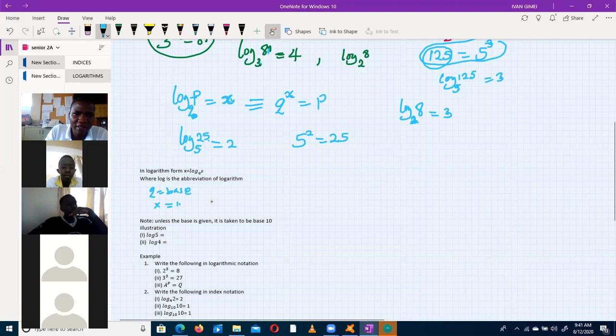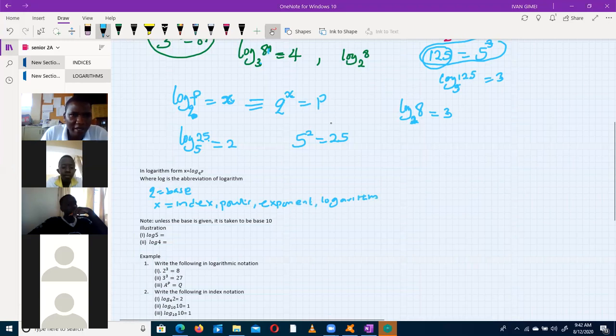X is the index or the power or the exponent. You'll find it somewhere. This one also, exponent, and this another term is the logarithm, the new term we're looking at. So index is the same as the logarithm.